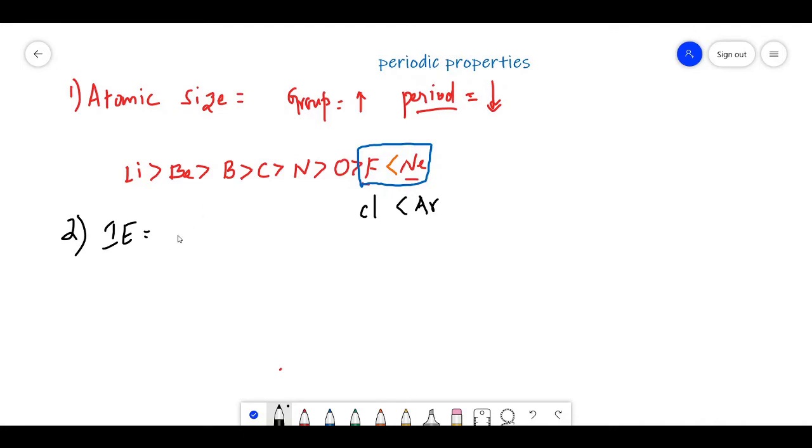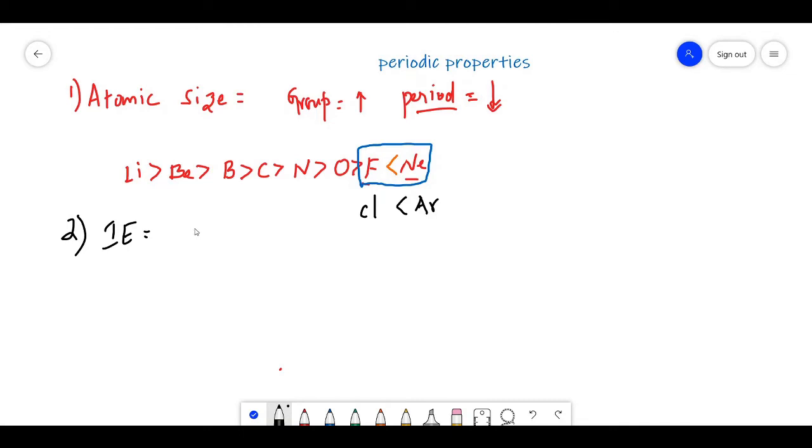And this ionization energy will increase when the number of electrons removed increases. From the first electron to the second electron, the ionization energy will increase. When you remove one electron, it is called ionization energy 1, and when you remove the second electron, it is called ionization energy 2.